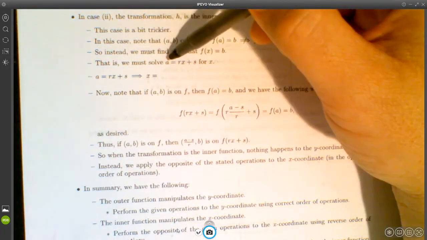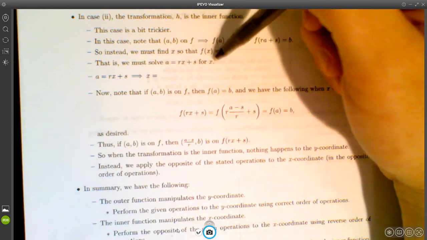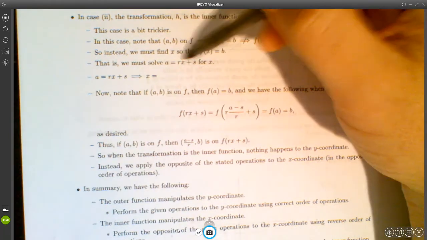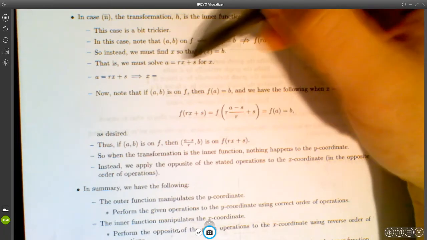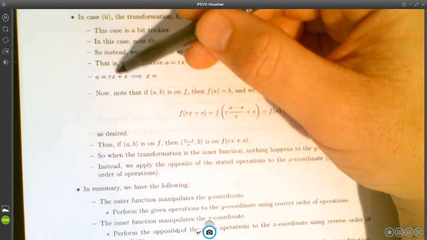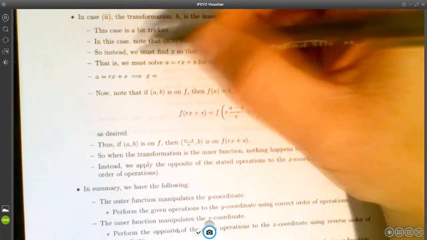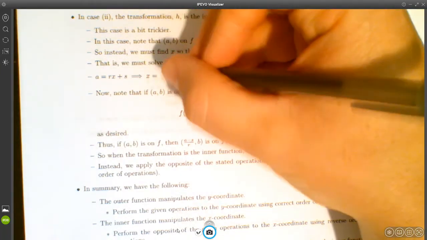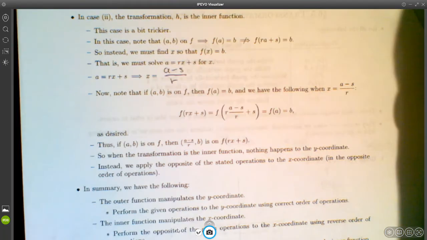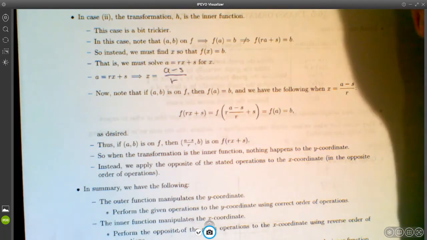In other words, we're going to solve a equals rx plus s for x. Rx plus s is the transformation that's being applied, and so we solve this for x. To do that, we would subtract s and then divide by r. We would get a minus s over r. So x is a minus s over r.